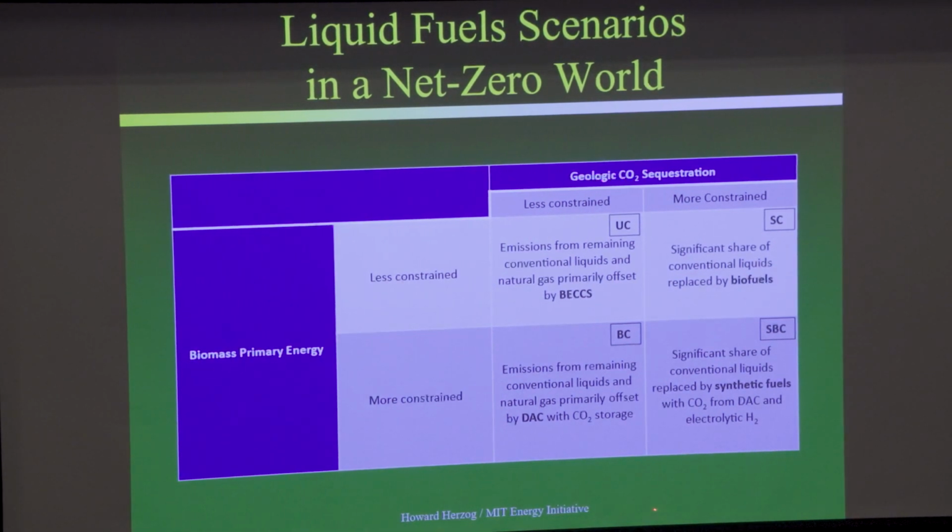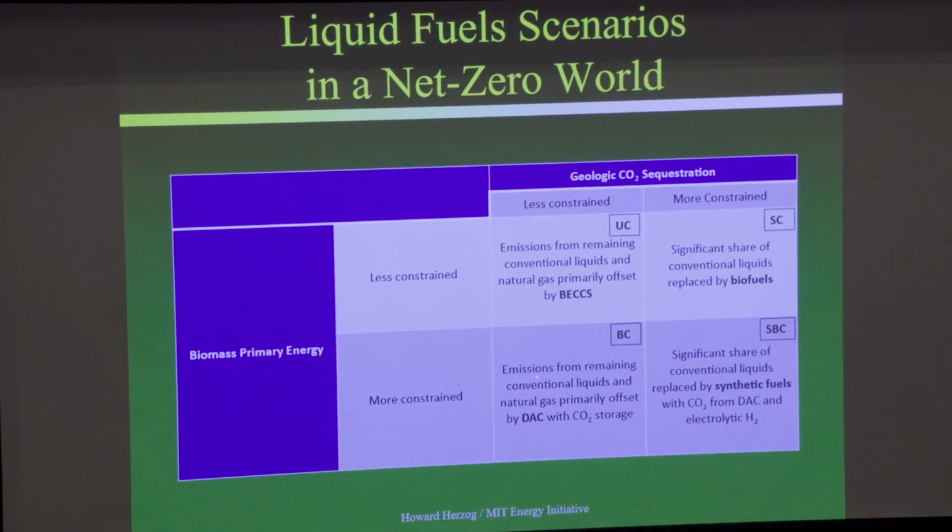And things came down into 4 categories. One is basically use our conventional liquids and offset them. And in this square here, they're offsetting it by what's called bioenergy and carbon capture and storage. Once again, we'll go more into detail what that is after the break.